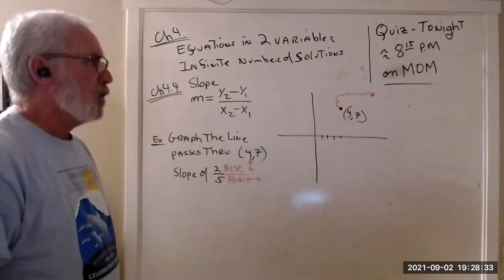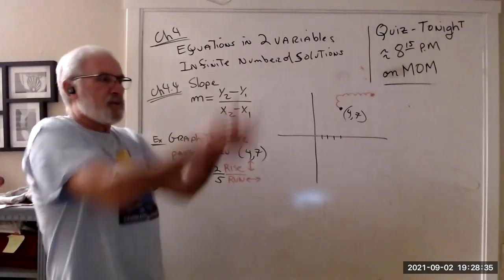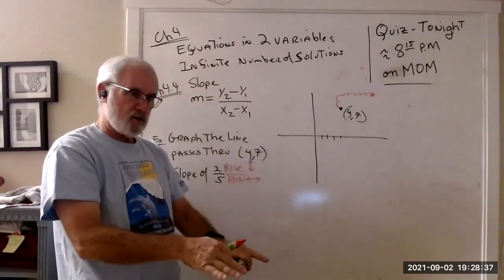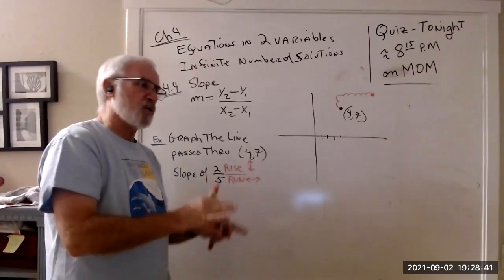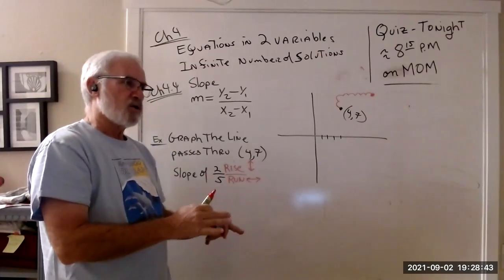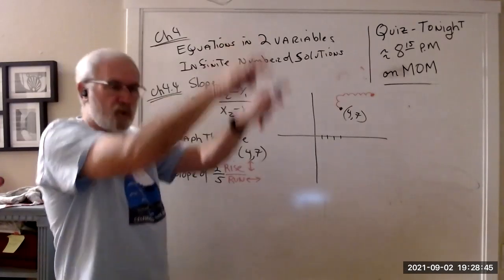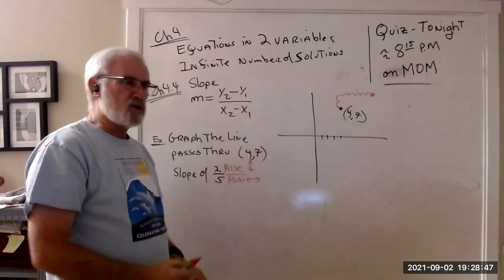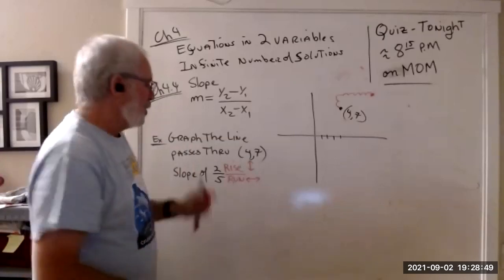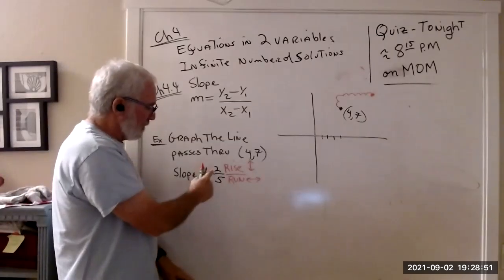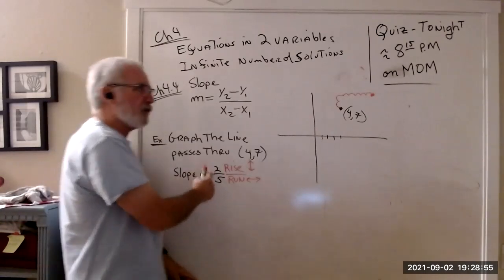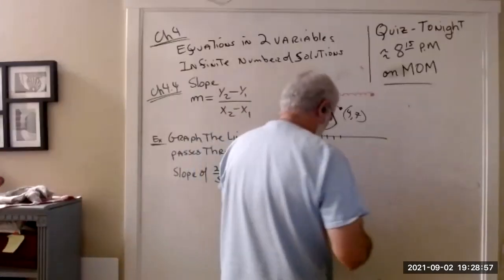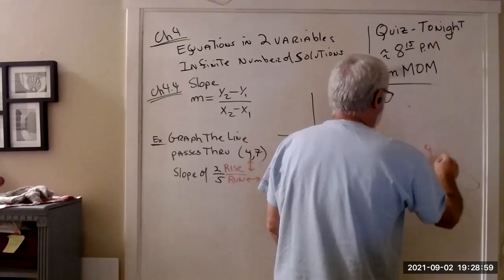When we go up or down, who changes? Does the X change or does the Y change? When we move up or down, the Y value changes. So what you just told me is the Y value will change by +2. We have (4,7).